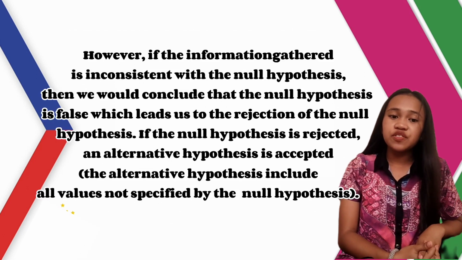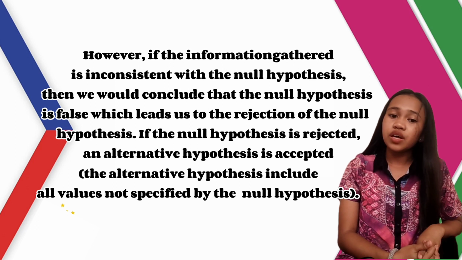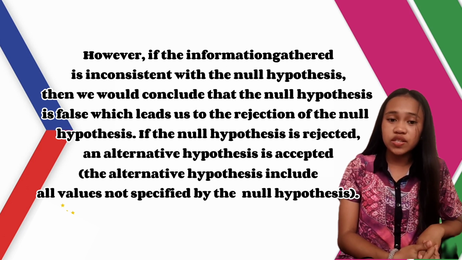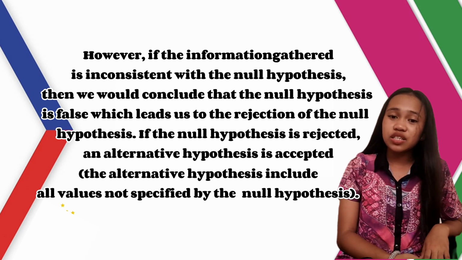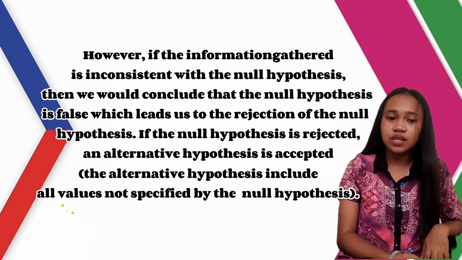However, if the information gathered is inconsistent with the null hypothesis, then we would conclude that the null hypothesis is false, which leads us to the rejection of the null hypothesis. If the null hypothesis is rejected, an alternative hypothesis is accepted. The alternative hypothesis includes all values not specified by the null hypothesis.